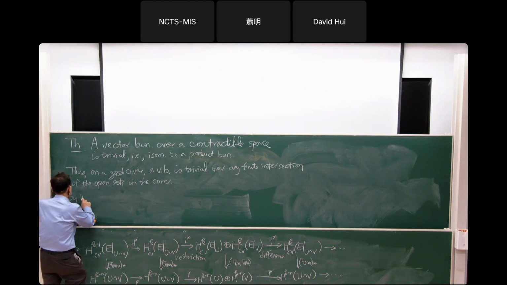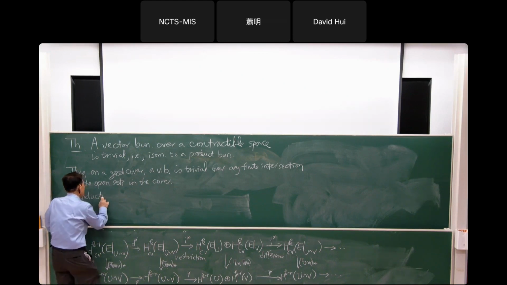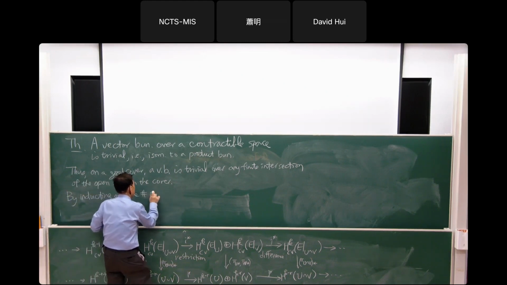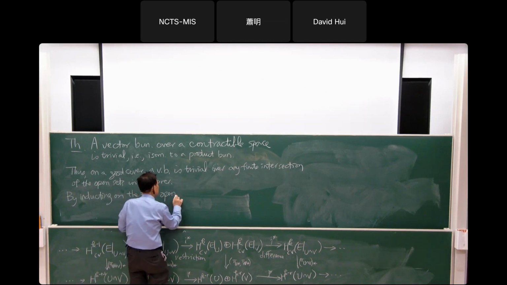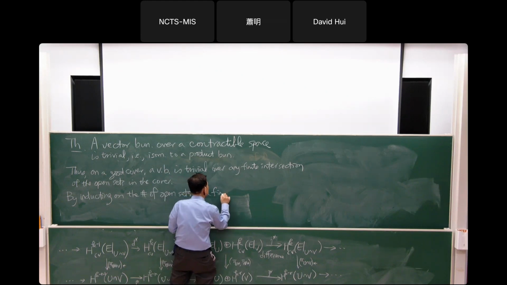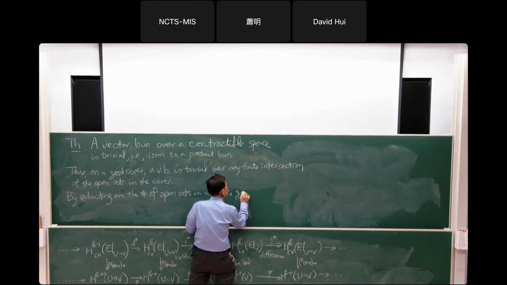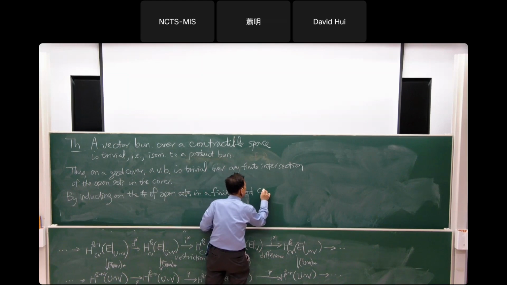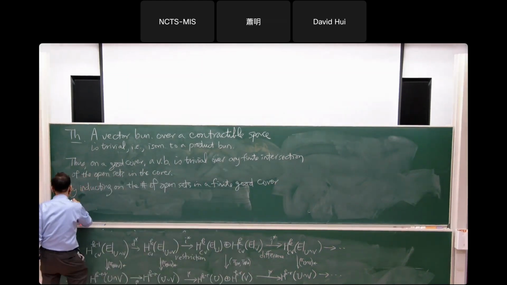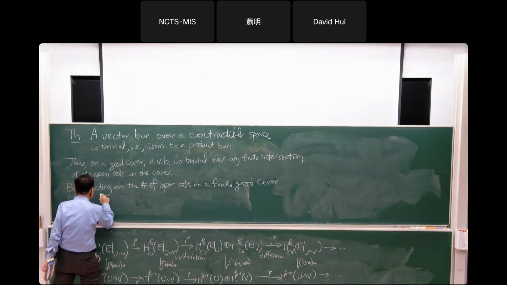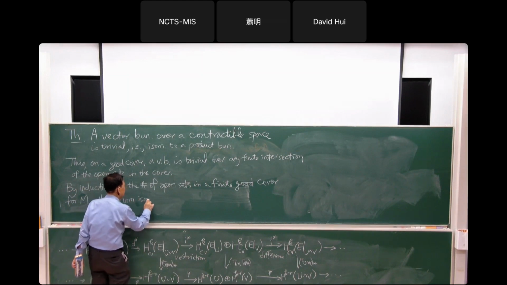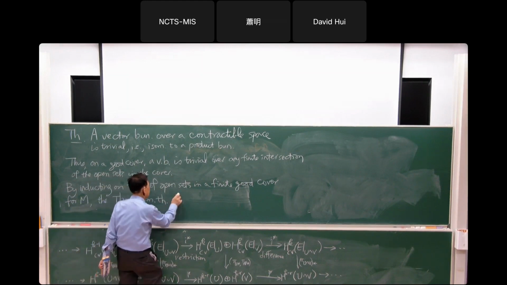Okay, so by inducting on the number of open sets in a finite good cover for M, the Thom isomorphism theorem follows.